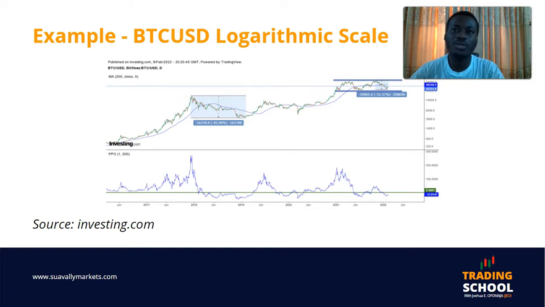That's where you start to look at standard deviation or maybe ATR and all that. What is the average volatility you can expect? Even this logarithmic scale gives us a very good understanding that the 2017 rally was very huge compared to what we've seen in recent time.